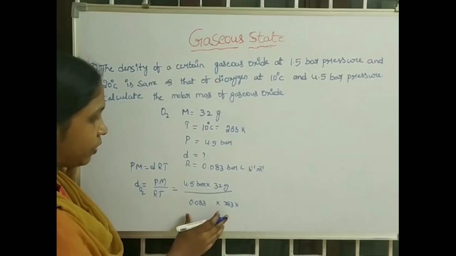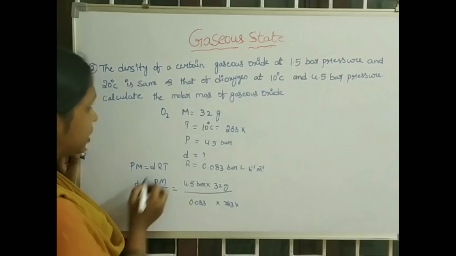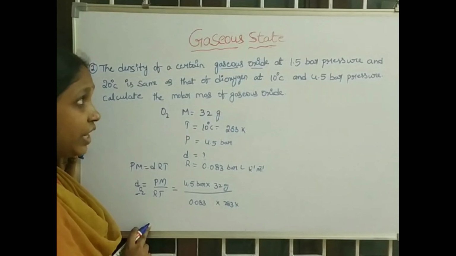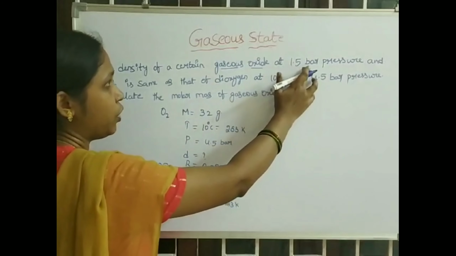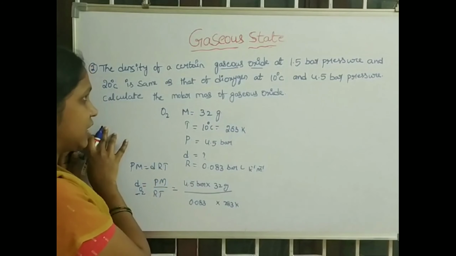See here, this density is equal to the gaseous oxide density when the pressure is 1.5 bar and the temperature is 20 degrees Celsius.